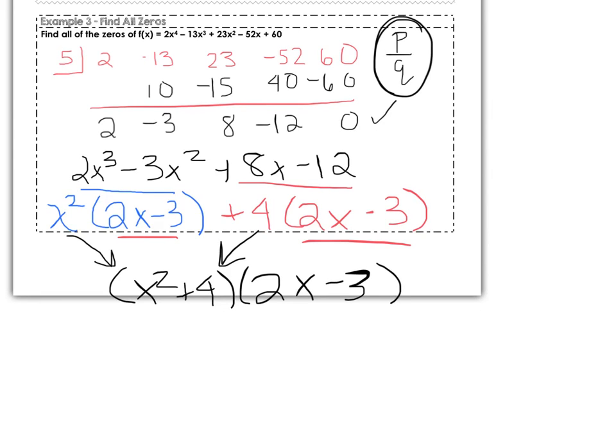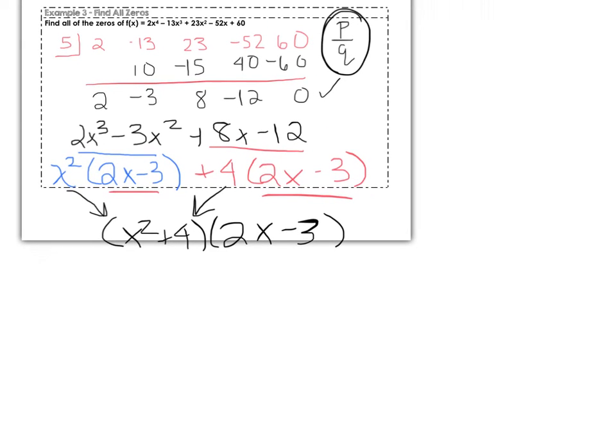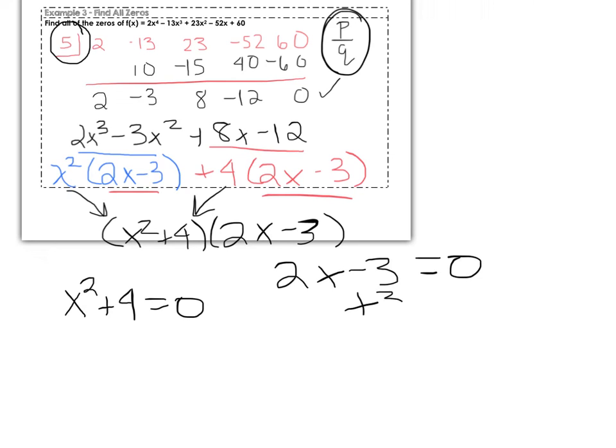So when zoning in on what the zeros of the polynomial are, we've already identified 5 is a 0. So now we must set our new factors equal to 0 to figure out what their specific roots are. So over here I'm going to add 3 and divide by 2, giving me a root of 3 halves.